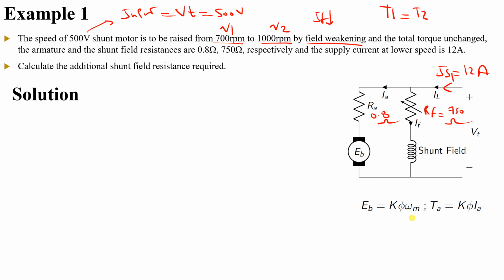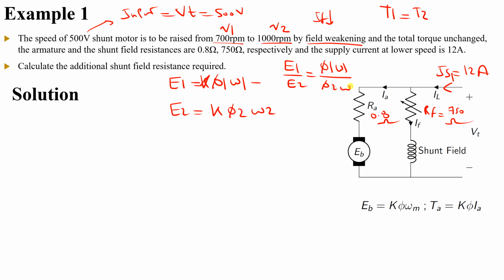So E1 will be K phi 1 omega 1, and E2 equals K phi 2 omega 2, right? If you divide these two together, you will have E1 over E2 equals phi 1 omega 1 over phi 2 omega 2.